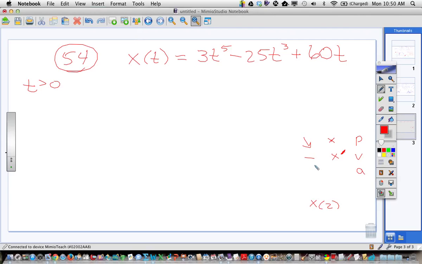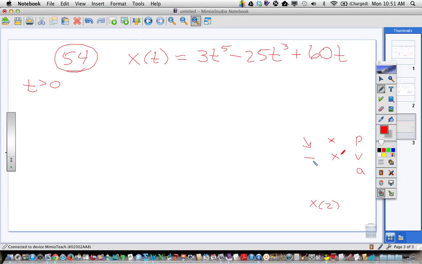Because think about it. What's my position? If I'm out here on the number line, I'm out here at 20. And now I'm at 19, 18, 17, 16. What's my position doing? 20, 19. That's decreasing. My position is decreasing. My velocity is negative. Now let's get over here. I'm at -1, -2, -3, -4. Isn't that also decreasing?